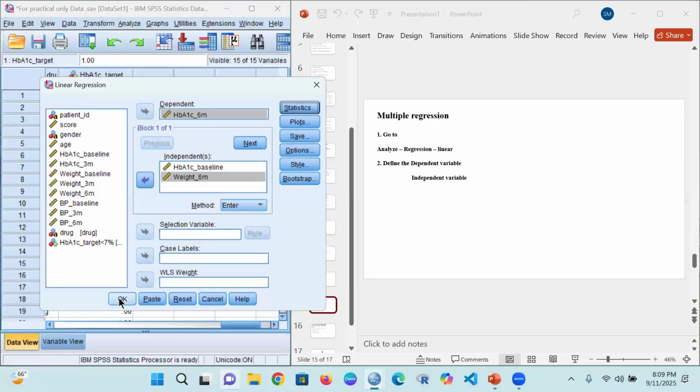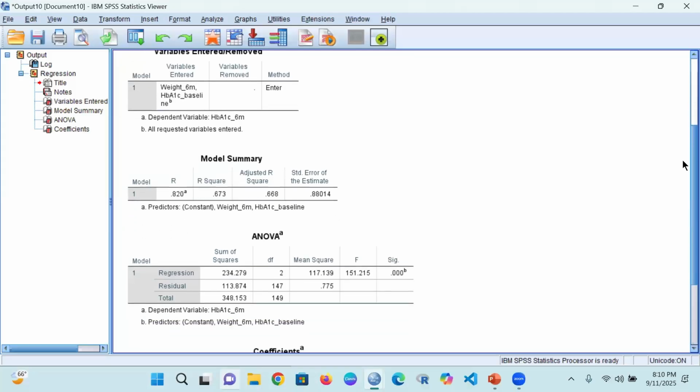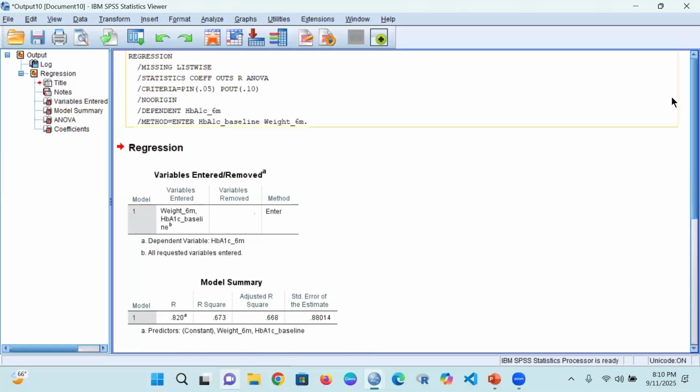Let's see the output. So you can see the output.